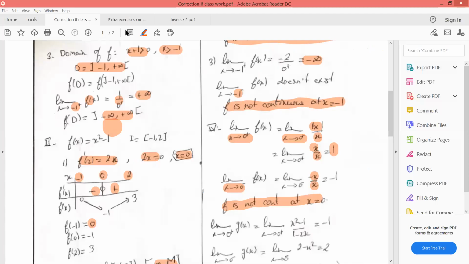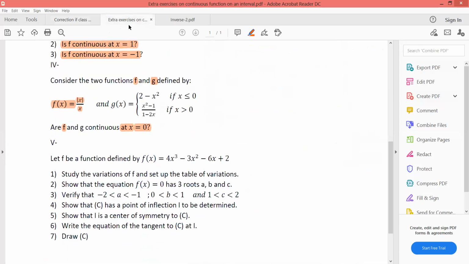Now second example. If we have the function g(x) given by this, equal to 2 minus x squared if x is negative, and x squared minus 1 over 1 minus 2x if x is positive. Is it continuous at x equal to 0? How to know if it's continuous?